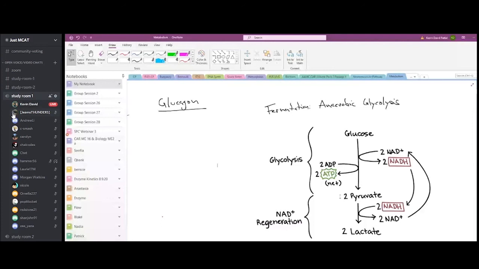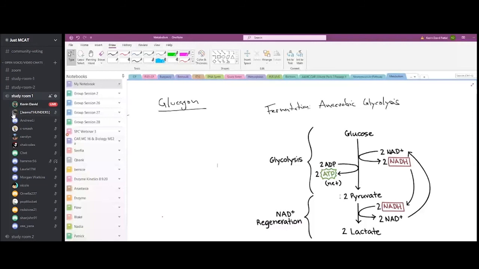Typically, the NAD+ is regenerated when it encounters the ETC. So the NADH will drop off its protons at the ETC, right? But here, we don't have the ETC anymore. We don't have the Krebs cycle. It's been backlogged. It's been removed from the equation.